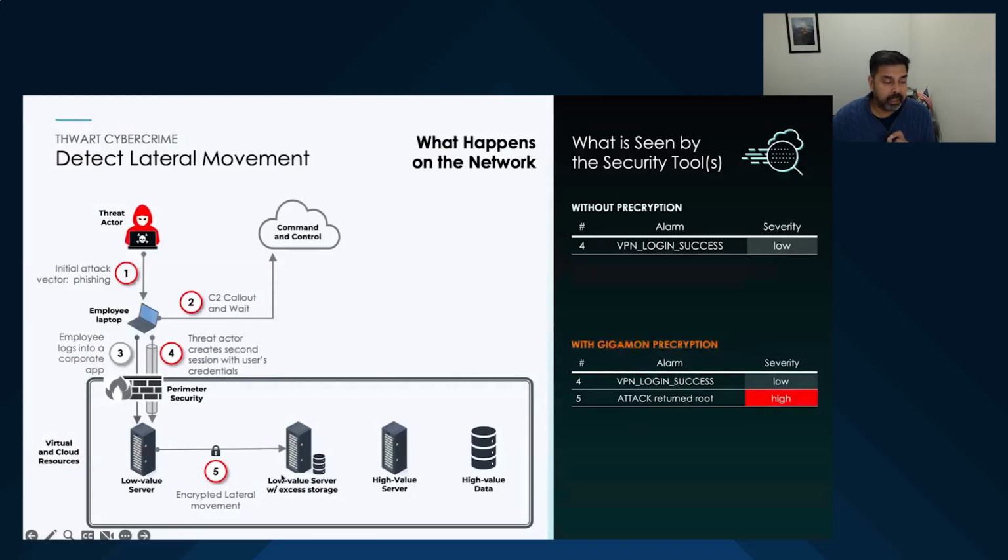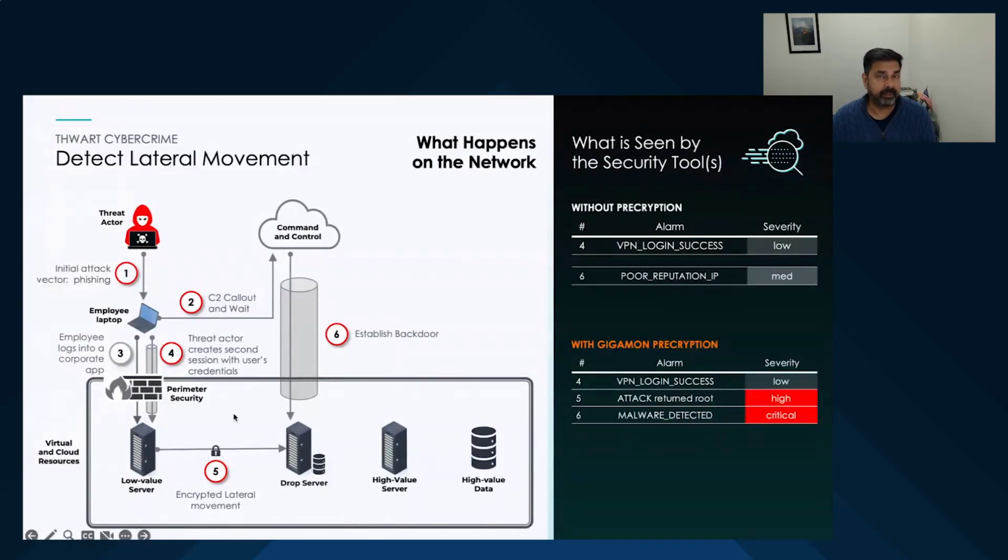And then the lateral movement that's happening will likely not get picked up because this is happening over a virtual lateral movement that's not crossing a firewall. And it's encrypted traffic. As I mentioned, most of the traffic does not get inspected. So at that point, there could be some backdoor established from one of the machines on-prem, or it could be the employee's laptop as well.